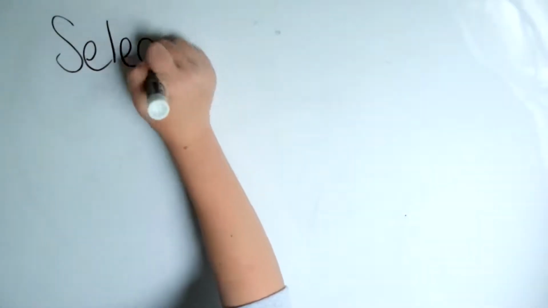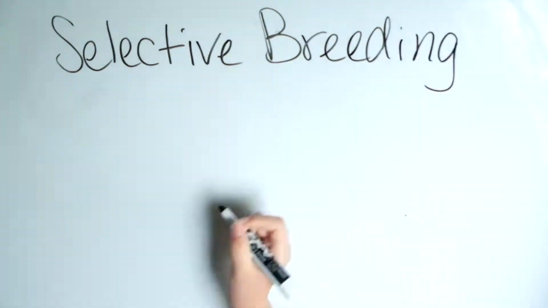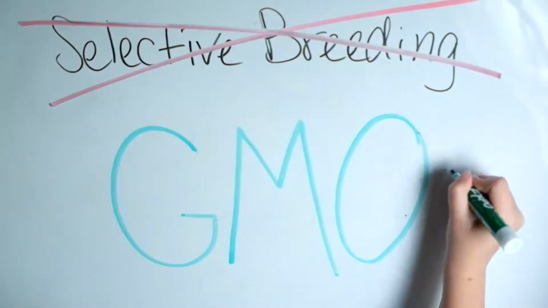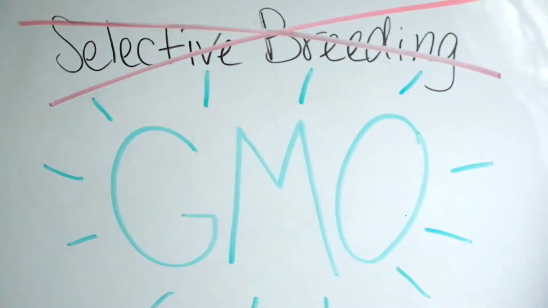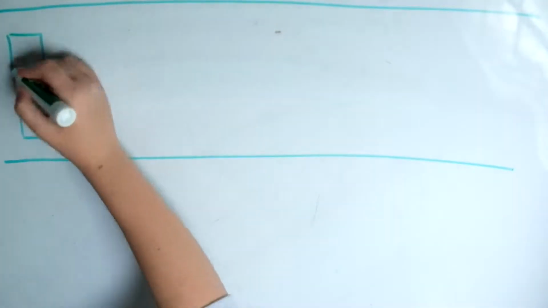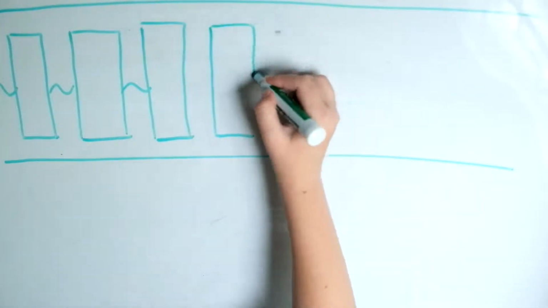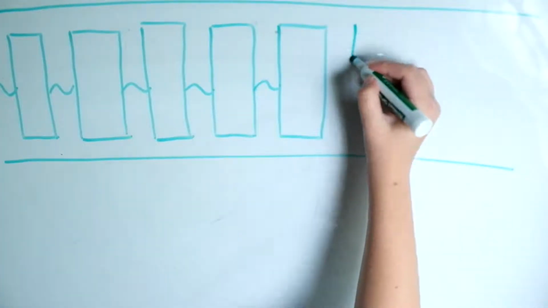The last time that we tried to improve on rice, we used selective breeding, and it didn't work. So this time we used GMO. GMO, or genetically modified organisms, are made by carefully editing the DNA of an organism.